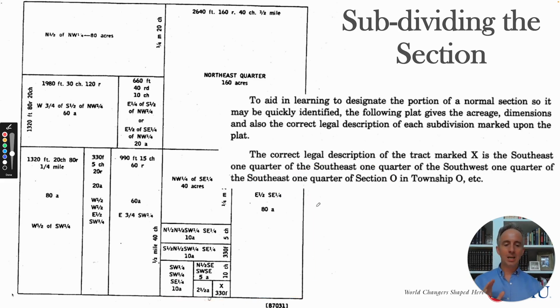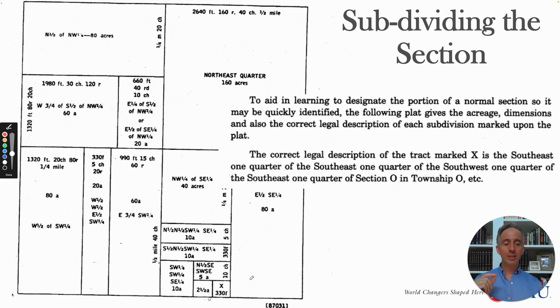Okay, let's take it another step. So this is the southeast 1 quarter. What's the next step? Okay, it's the southwest quarter of that southeast 1 quarter. Where's that? Well, that's this. That's all those 6 properties there in the southwest 1 quarter of the southeast 1 quarter. Take it a step further.